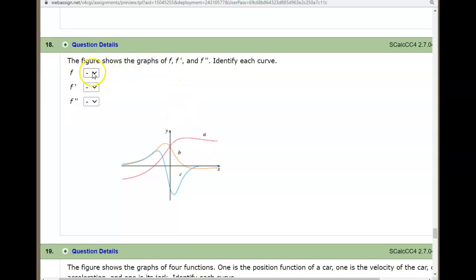So if a is my original function, then b would be its derivative. Looking at the derivative of b, I'm going to check it and make sure, because it could be that there's another one in here that is a better choice for my function. But b has a high point, so there's a 0 at c. That looks good. It's flattening out.